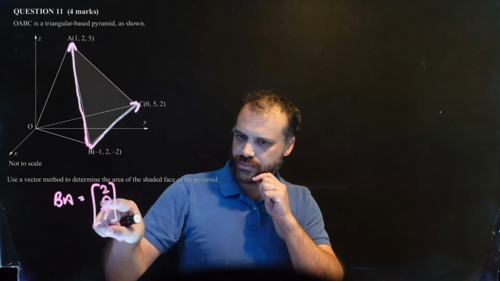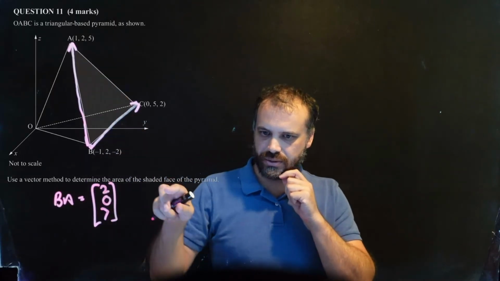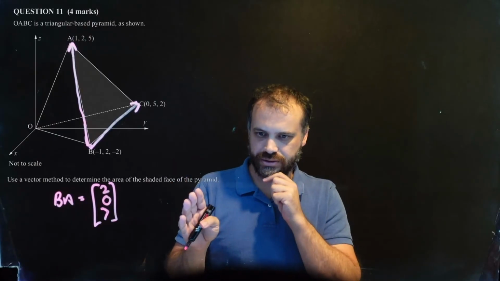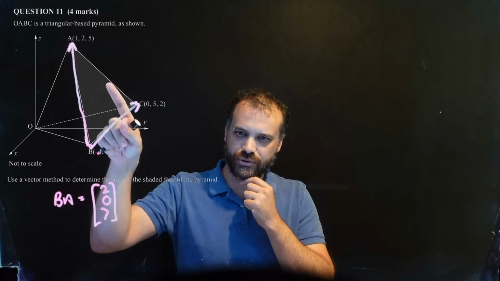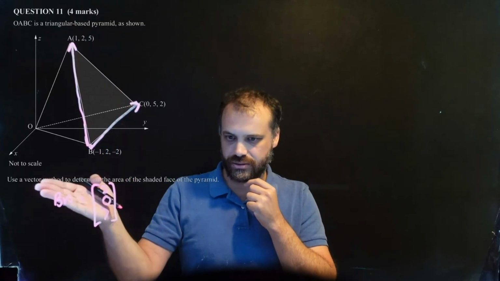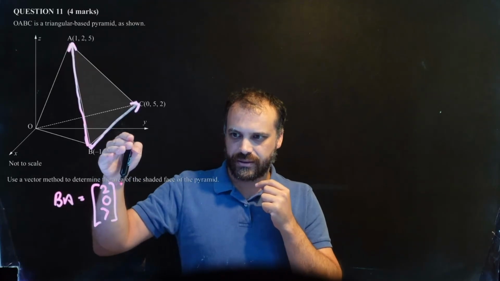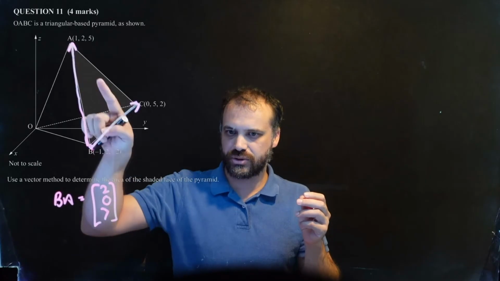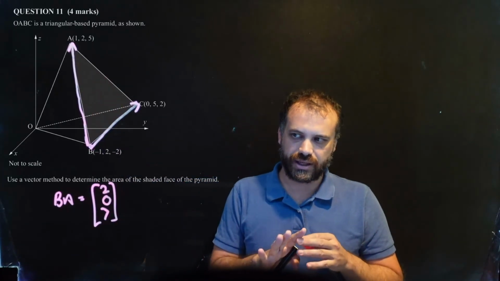From this point to this point, does it look like we haven't moved left or right? Well, it doesn't really look like it, but it also says not to scale, so it's deceiving. But I'm looking at the 2 and the 2, so the answer could only be 0. I'm feeling good about that.